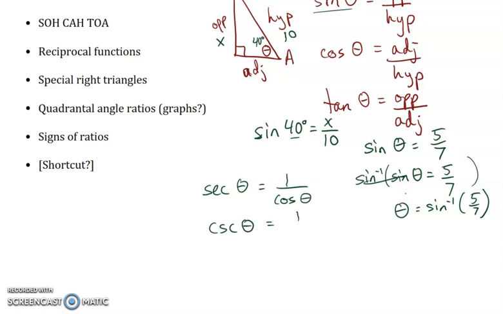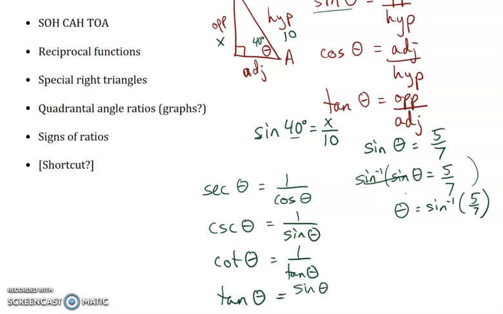Cosecant of theta is 1 over sine theta, and cotangent of theta is 1 over tangent theta. Since tangent theta is sine over cosine, not a reciprocal function, but still an identity that we need to know, comes up frequently. So tangent is equal to sine over cosine, then cotangent is also equal to the reciprocal of that, so cosine over sine.